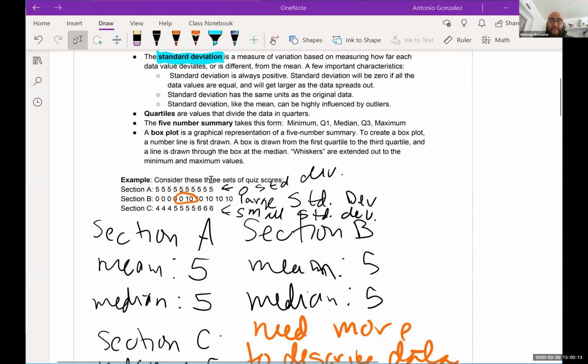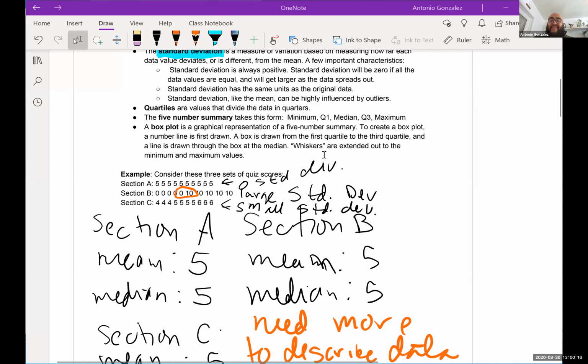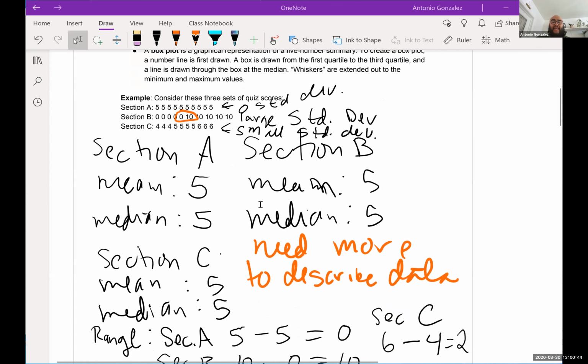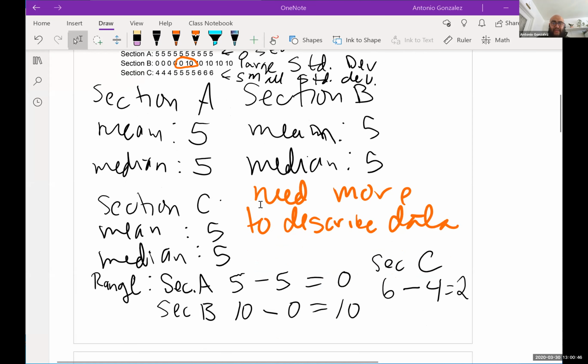Standard deviation has the same units as the original data, so here, for quiz scores, standard deviation is in terms of quiz scores. And standard deviation, like the mean, can be highly influenced by outliers. Regardless of what direction the outlier is, since it is a standard deviation, it's always going to be positive. Any questions so far before we jump into a calculation of standard deviation?